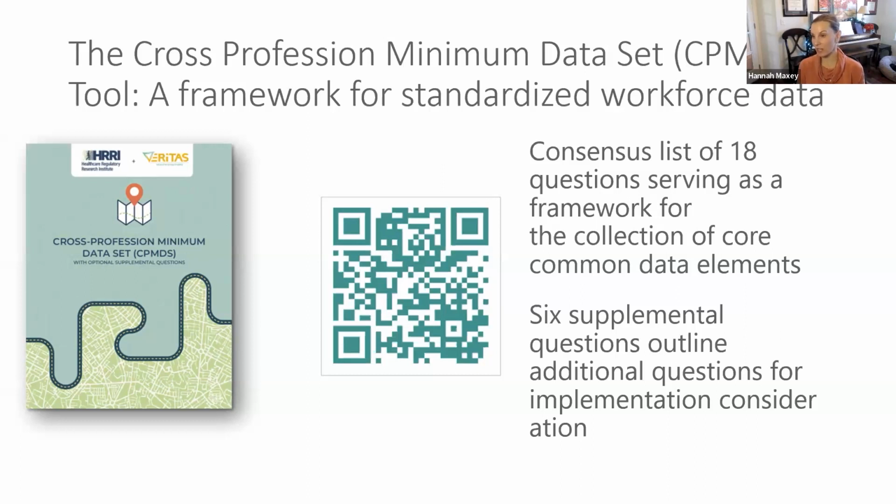Significant conversation went into that, especially with regards to demographics. It was determined by these organizations that the CPMDS itself would include a very brief list of demographic questions, but the supplement offers additional questions for jurisdictions or professions that would like to have an expanded offering of demographic data collection.